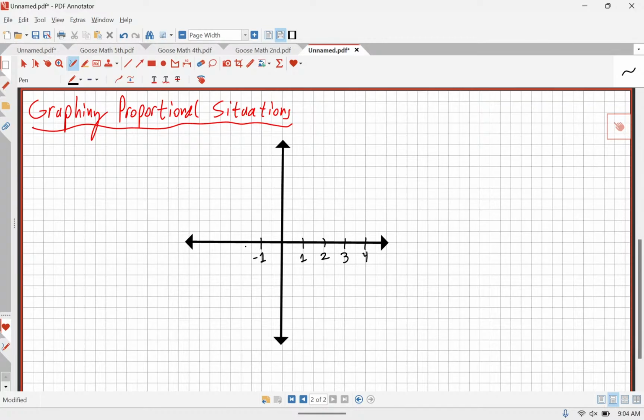Negatives go like this: -1, -2, -3, -4. Positives go up: 1, 2, 3, 4. Negatives go down: -1, -2, -3, -4. That's all there is to it. A coordinate plane is just two number lines drawn together like this, okay?